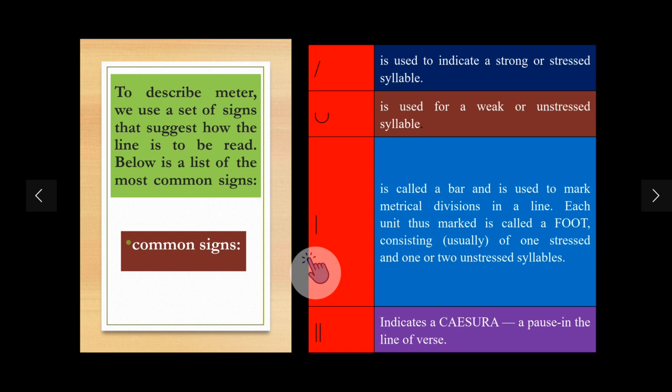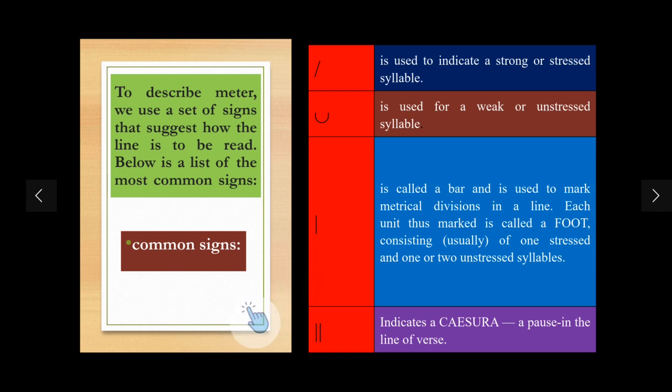To divide the feet in a line of poetry, you will find this sign. And this sign will indicate that this is 1 foot, this is another foot, this is another foot. For example, you may have 2 feet, 4 feet, 10 feet, 12 feet. And each foot will be divided with the help of this bar.